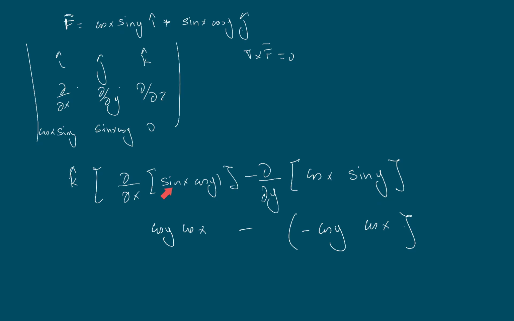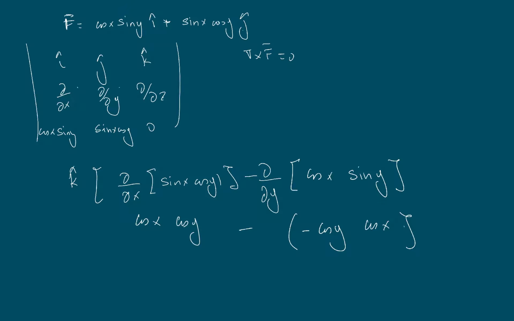The derivative with respect to x is cosine of x times cosine of y, that is a constant.